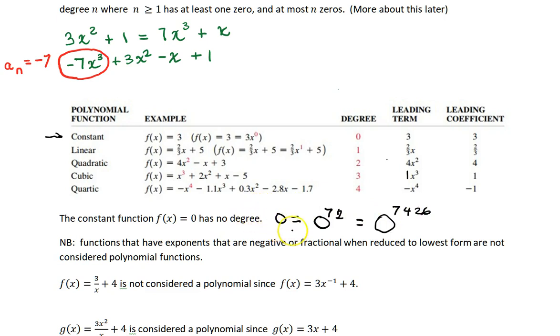All of those are going to be the same. It's always going to be 0. So we say that it has no degree because clearly it's not 72 or 7,426 or even 1. Okay, it has no degree. And that is the one exception. I'm going to stop here and we'll resume on the next video.